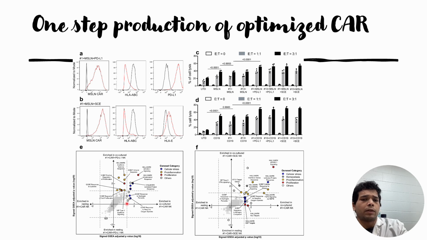At the same time, the interesting thing that they are able to see is the suppression of the cell stress, indicating that it will increase the life of the CAR NK cells.